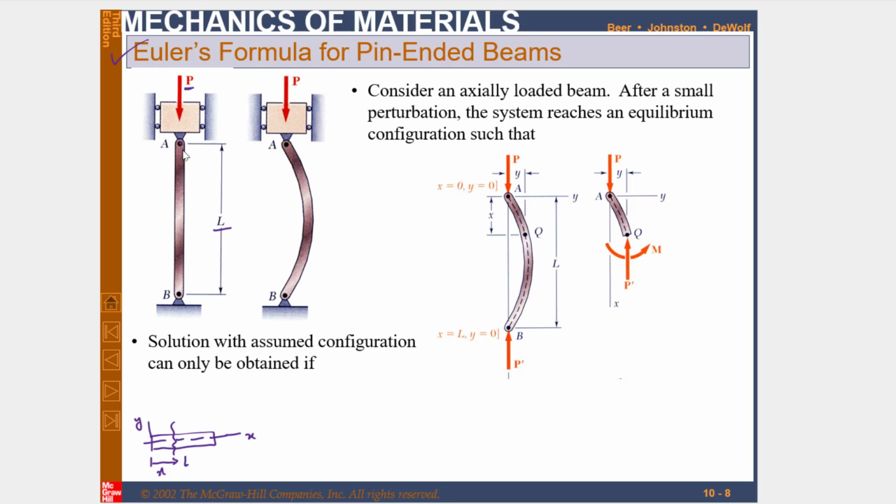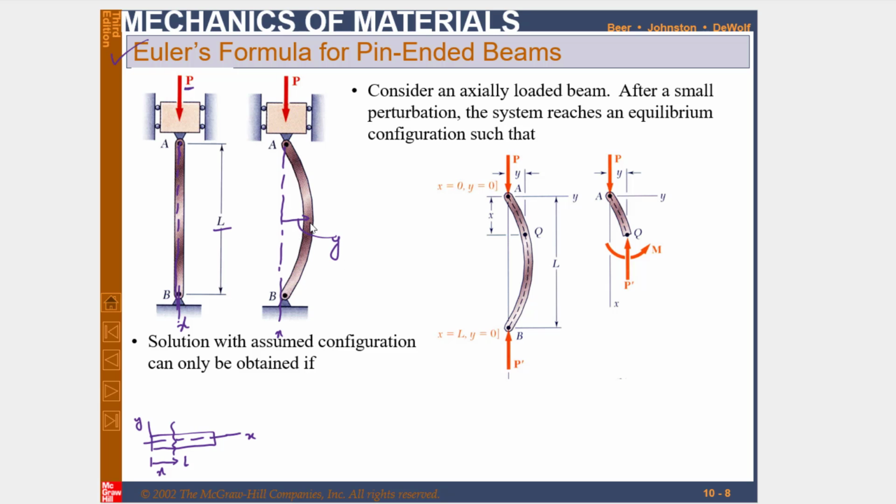Here the same concept is applied. Along the length, or along the axis, the distance is taken as x. Clear? While deflection, because you can see that due to this load it will buckle, is y.